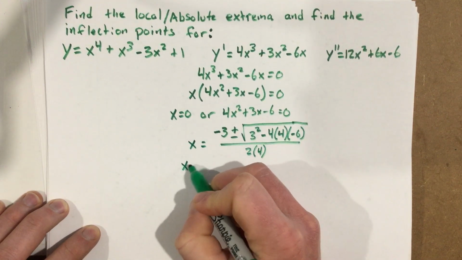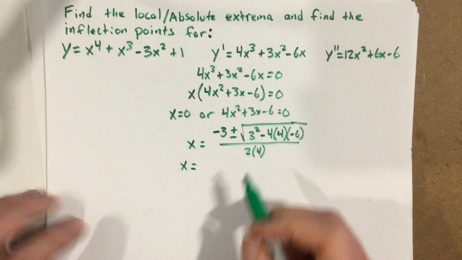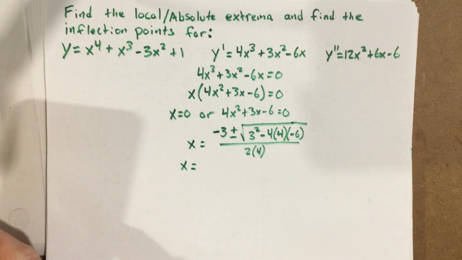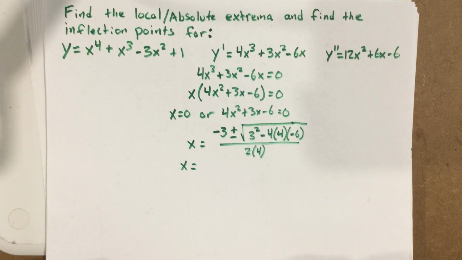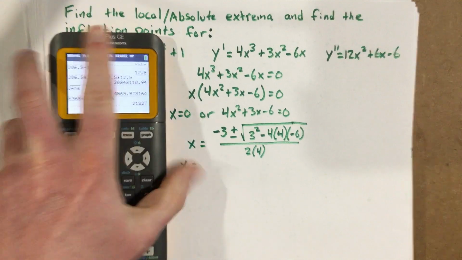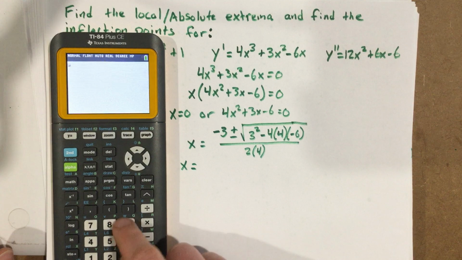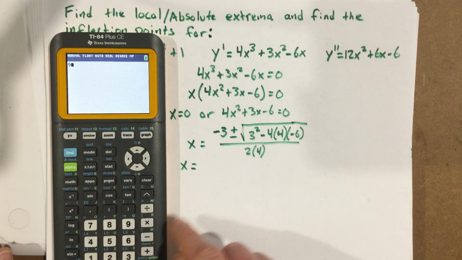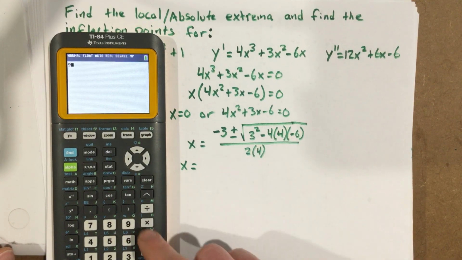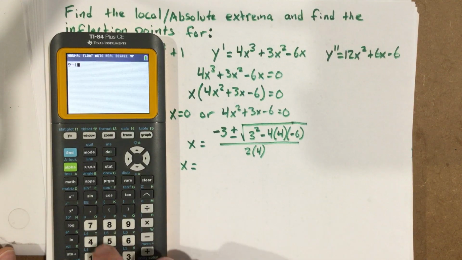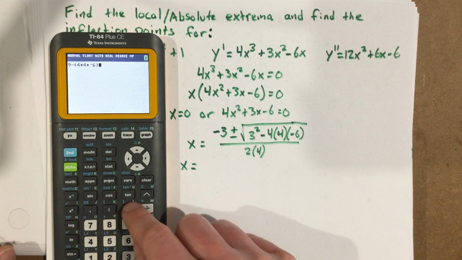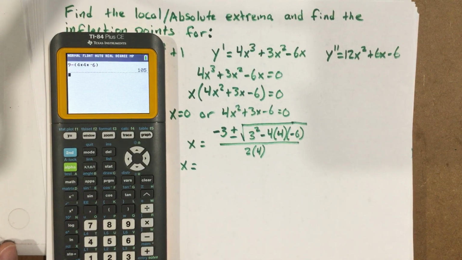Those are my roots. So when I evaluate that, I'm going to throw all that in the calculator real quick. So we're going to get 9, and then I'm going to multiply all these together. So minus 4 times -6, we get 105.